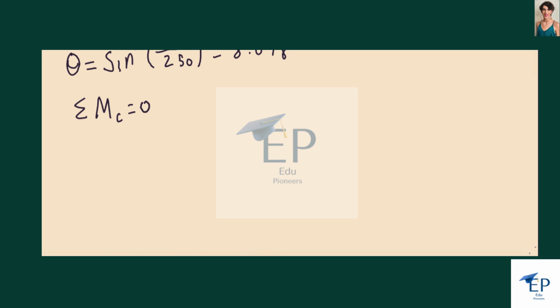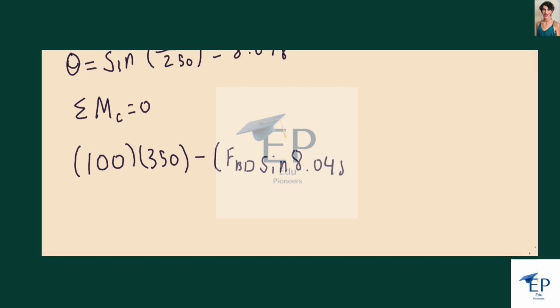So we can say that the sum of moments is going to be equal to 100 times 350 minus the force F of BD times the sine of the angle we just calculated times 200 is equal to 0.